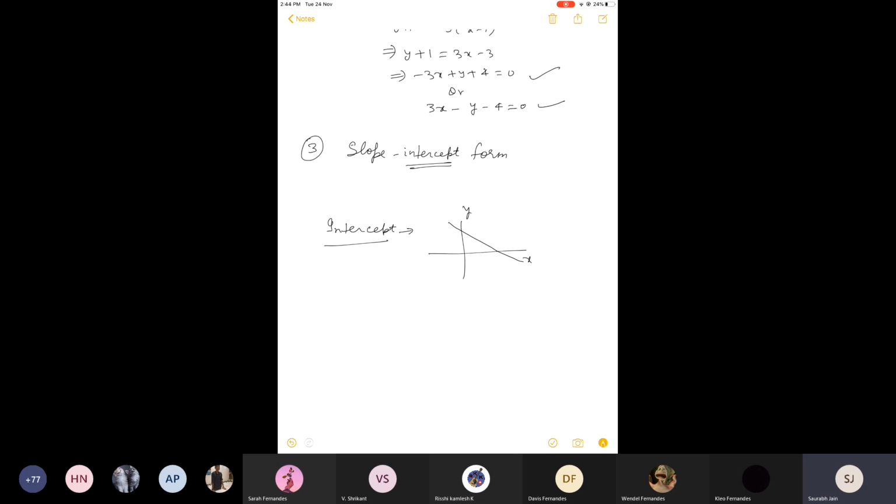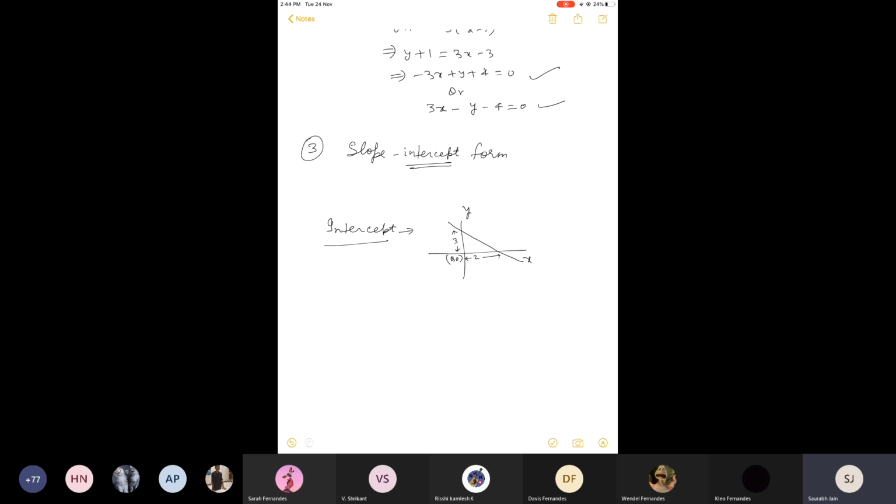Suppose I have drawn a line like this. Let's say it cuts the x-axis in the positive direction at a distance of 2 units and the y-axis, once again in the positive direction, at a distance of 3 units.